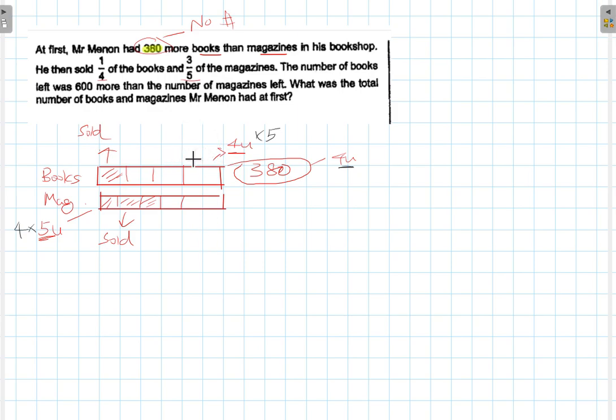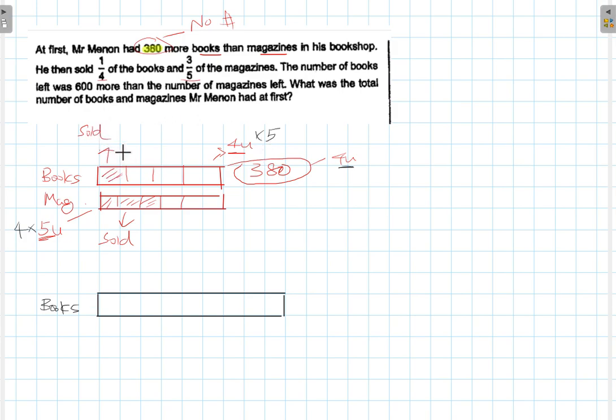So when I do this, I will have the books in total will be 20 units. I just draw it bigger. In total will be 20 units.